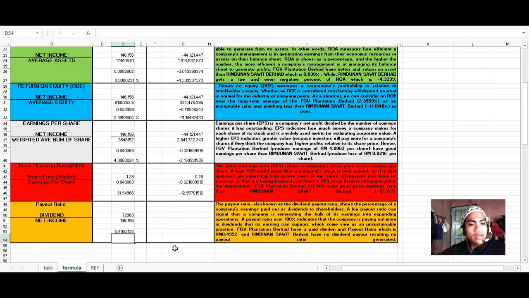Okay, so we get 0.499. For Rimbunan Sawit, no dividend was paid, so the payout ratio for Rimbunan Sawit is 0, because of net income.